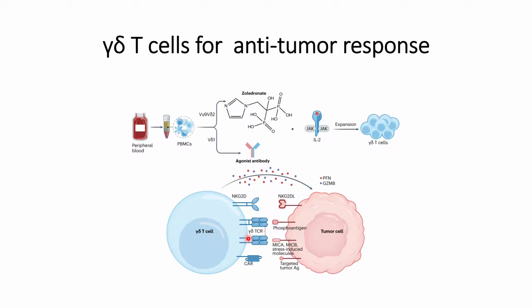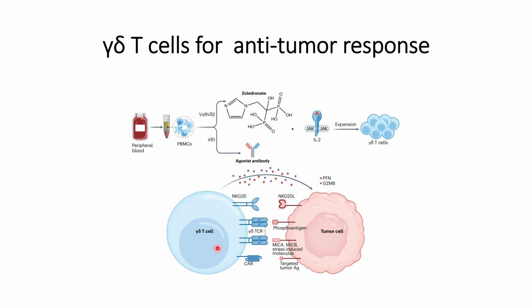The other thing is the gamma delta T cell receptor. It can interact with the tumor cells, and the activation of these gamma delta T cells does not need to process information about the major histocompatibility complex.